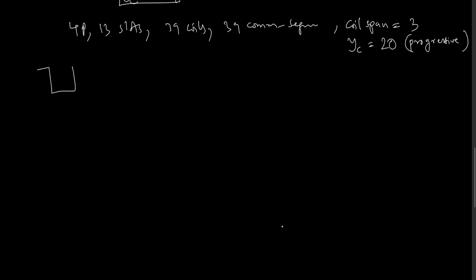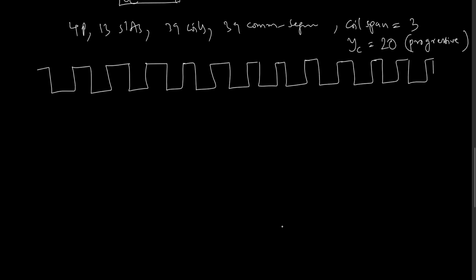So under each slot we will have 1, 2, 3, up to 12, 13. These are the slot numbering, and these are the coil sides.